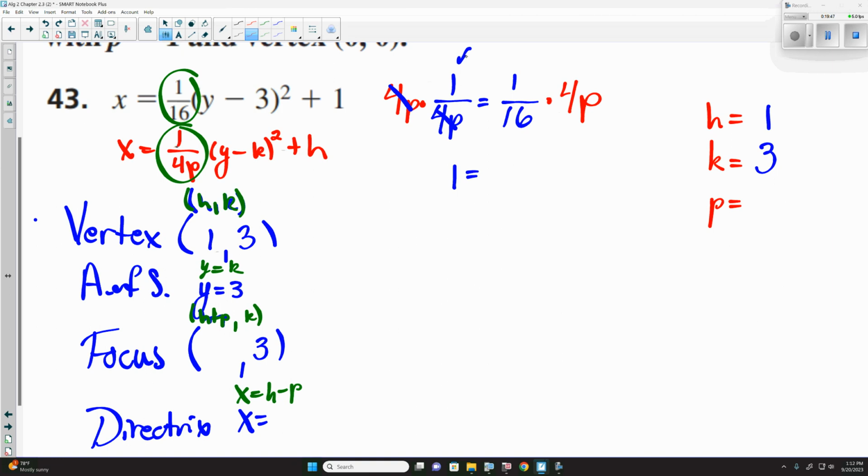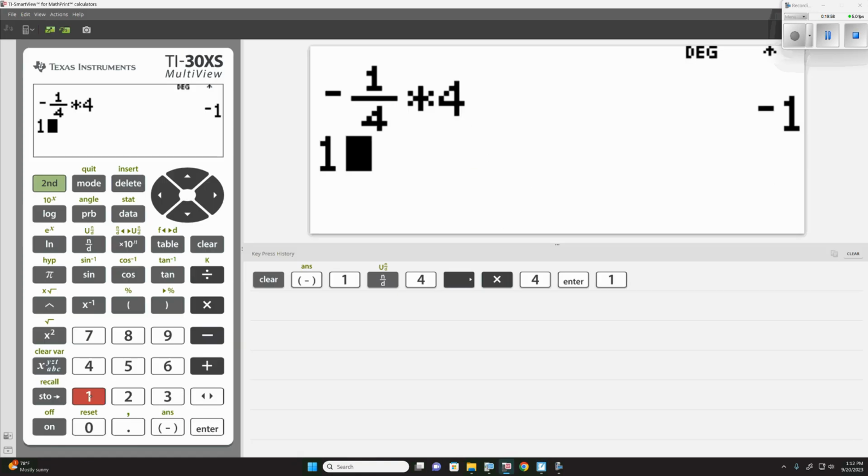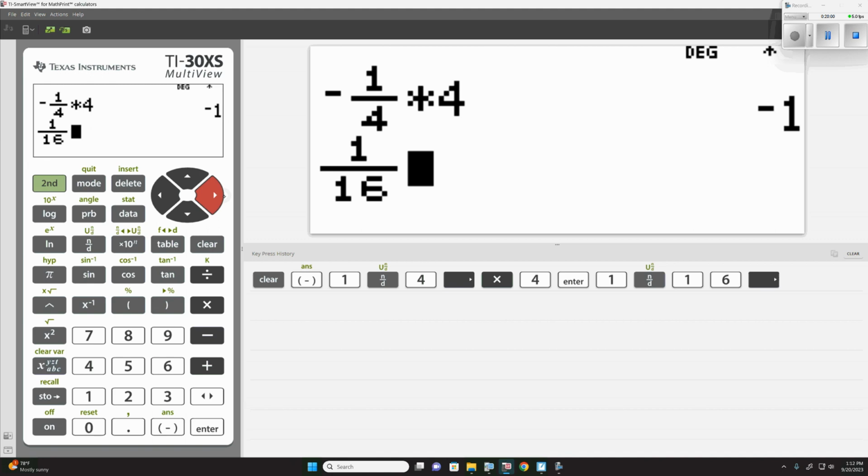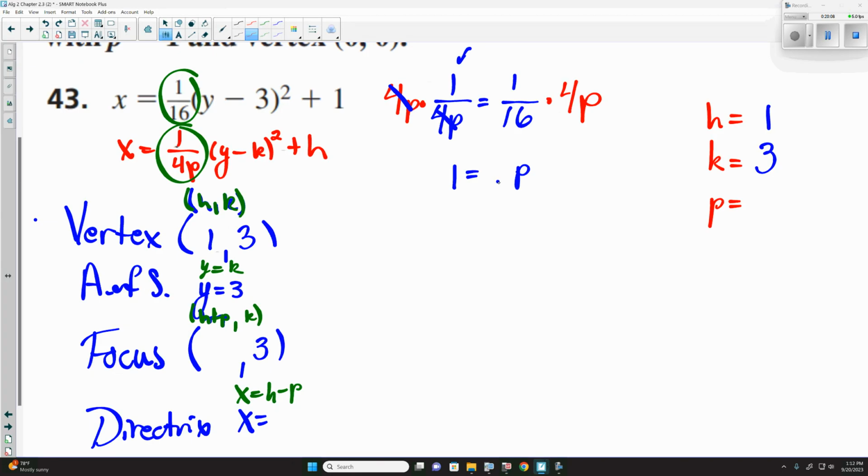On the right-hand side, we will still have p, but we do need to multiply our 1/16 and 4, which we could do in a calculator. 1 over 16 times 4 is 1 over 4, or we could call it p over 4, because we multiply with the numerator, so p over 4 or 1/4 p.